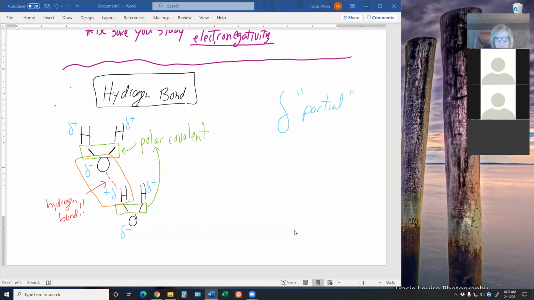Okay, here it comes. True or false? Hydrogen bonds can form when the atoms of each molecule are bound by nonpolar covalent bonds. True or false? What do you think, folks?